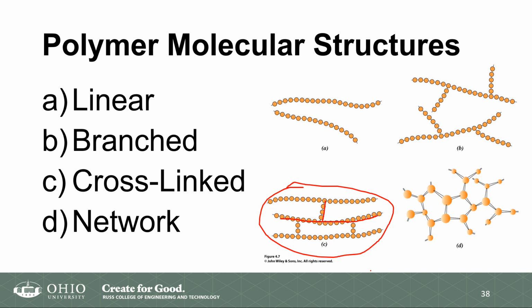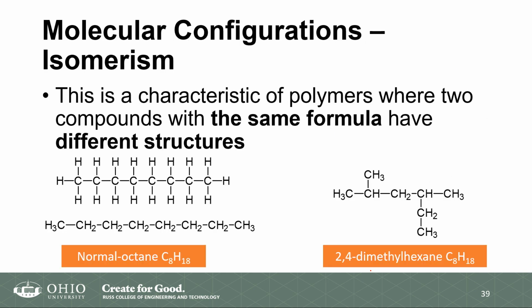So now if we dive a little bit deeper into these general molecular structures, we come up with a term called isomerism. And I'll talk briefly about what that actually means. So if you think about what the word iso means, I don't know if it's Greek or Latin, but iso means same.